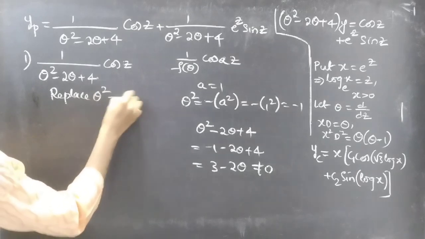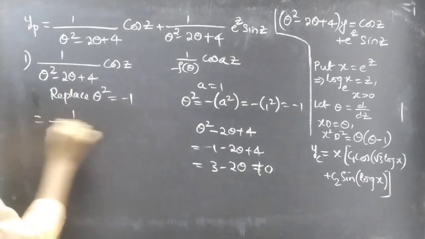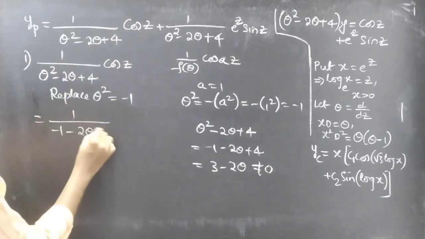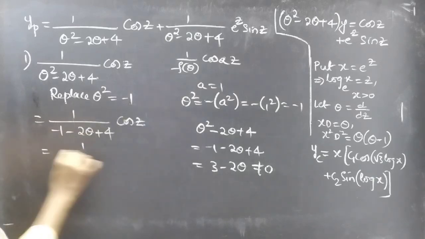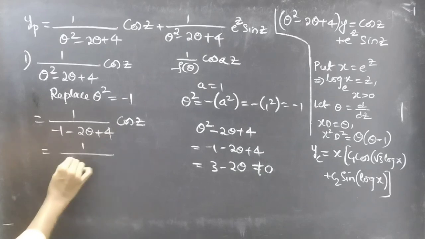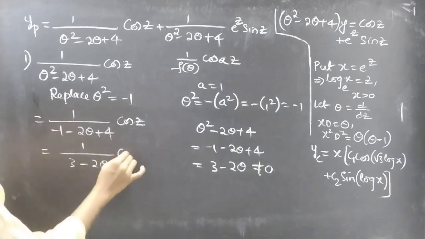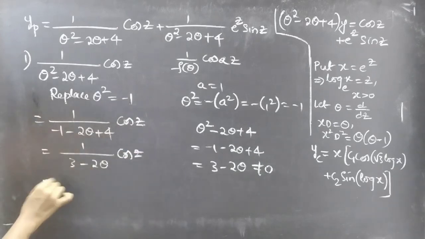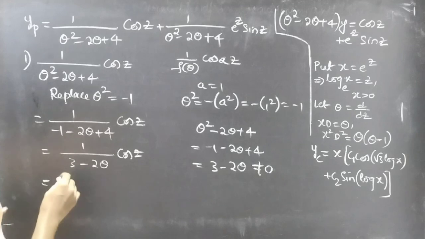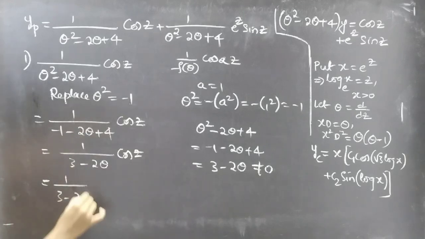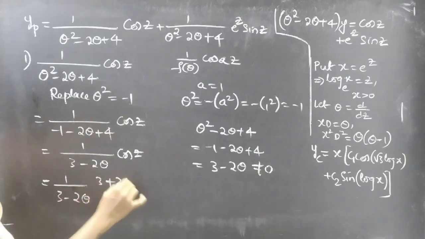Then this becomes 1 by minus 1 minus 2 theta plus 4 into cos z, which equals 1 by 3 minus 2 theta into cos z, right? Now, in the denominator we have 3 minus 2 theta. Just replace this minus with plus, then we'll get 3 plus 2 theta, right?